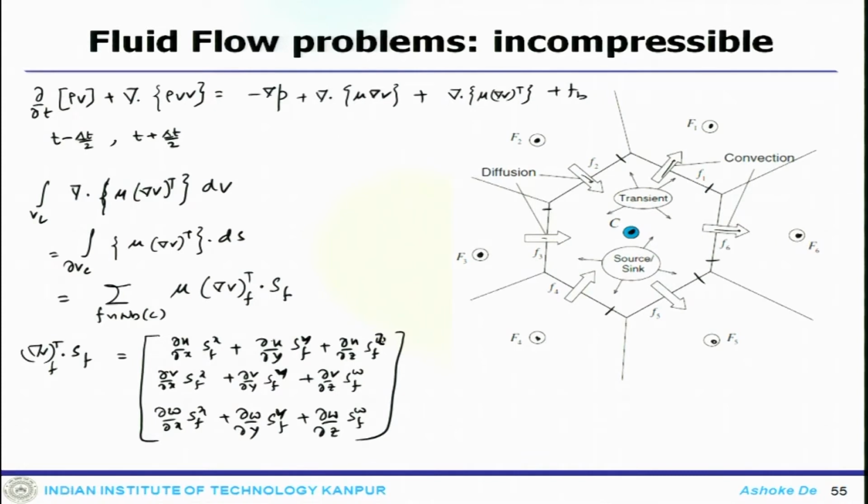Just make a note here, this is the surface vector: Sf x, Sf y, Sf z. Along this column they are the same, a surface vector with components Sf x i plus Sf y j plus Sf z k. When we take the dot product, it will be all i, j, k.